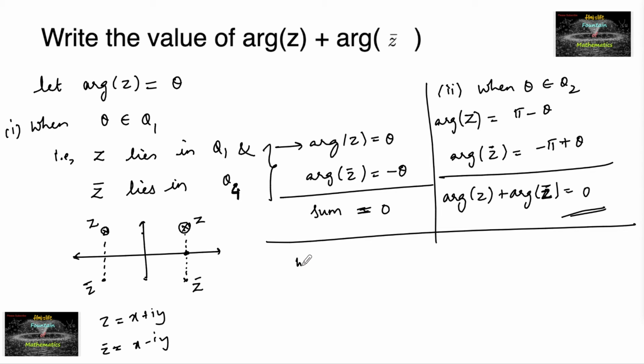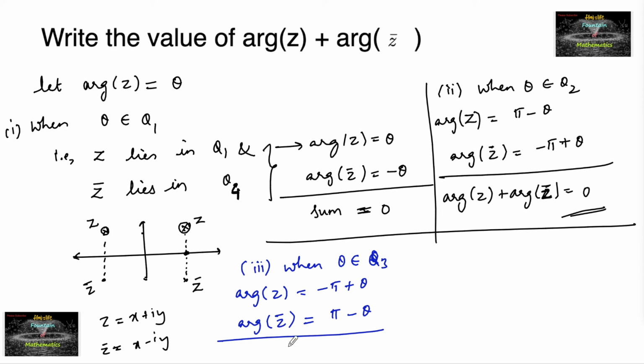Let me write the third case. When theta belongs to quadrant 3, argument of z will be taken as minus pi plus theta. Then argument of z bar, because z bar will be lying in the second quadrant, is pi minus theta, so the sum is equal to 0.